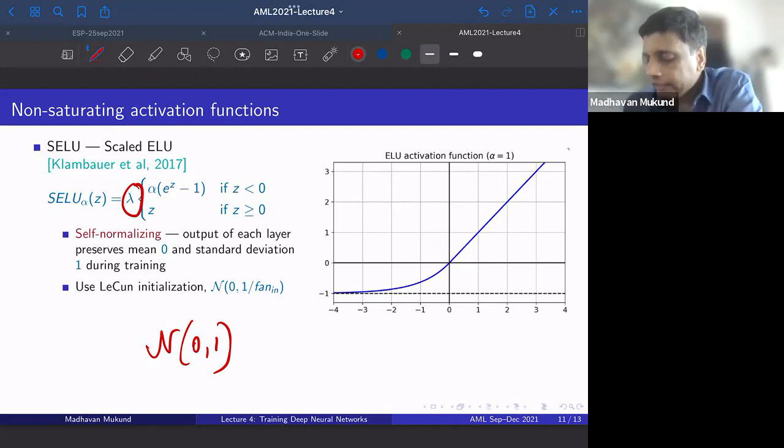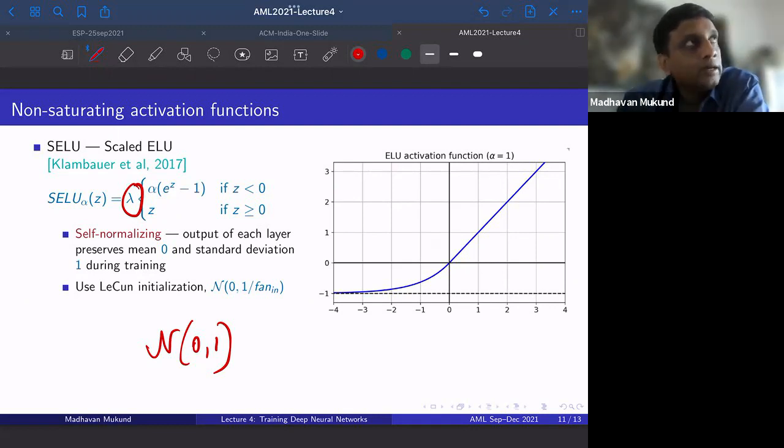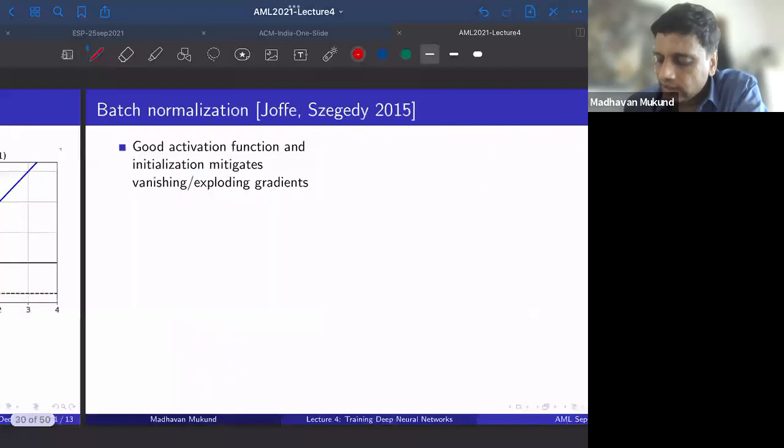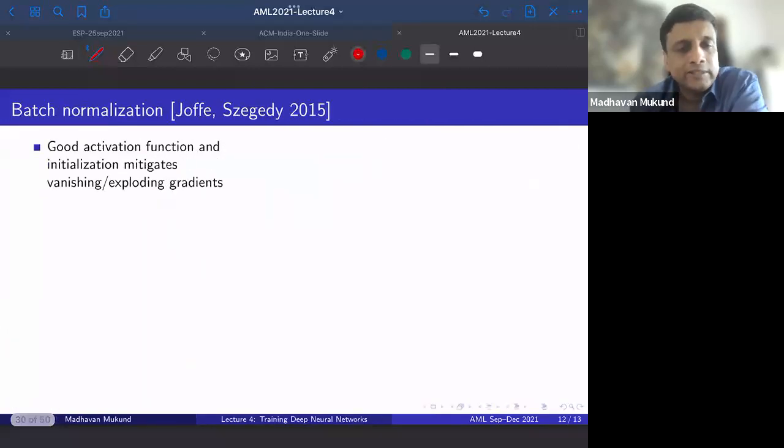But this idea of normalizing as we go along was around the same time, I think in 2017, the idea that maybe this normalization should be done anyway. This is what's called batch normalization.